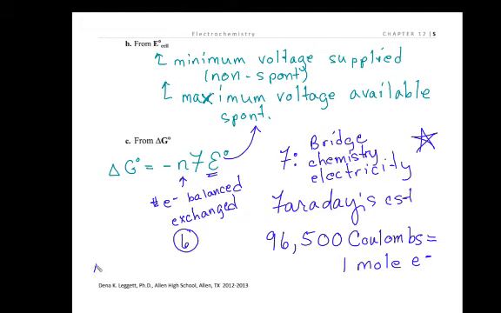So all we have to do is plug into that and we get our delta G naught. So for our reaction that we designed way back in about 5 videos ago, we have minus 6 times 96,000, and then a minus 0.61 volts.